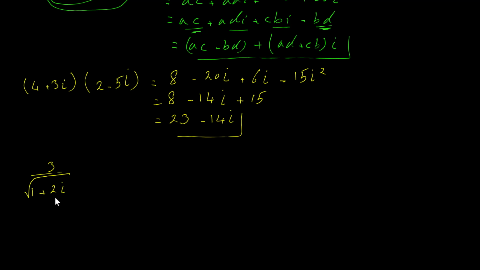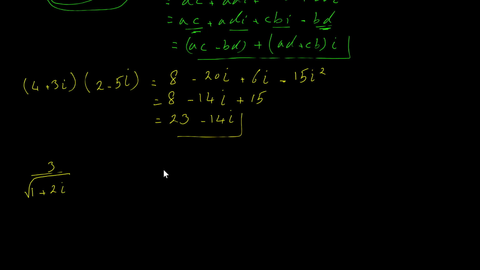If you want to simplify this one, we need to multiply the denominator and the numerator by the conjugate of the denominator. So what is the conjugate?